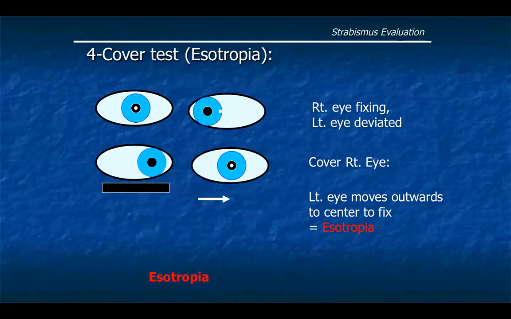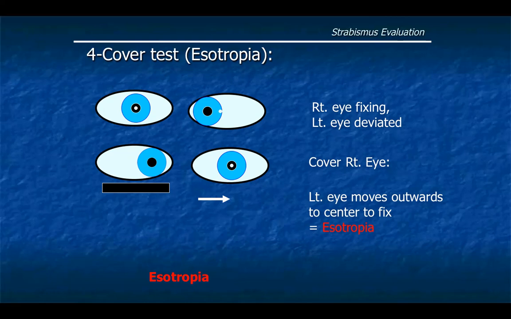Tropia or manifest strabismus. Esotropia, for example, the right eye is fixating, the left eye is deviated inwards, or there is esotropia or manifest convergent strabismus. To make sure we cover the right eye, the left eye moves from nasal to temporal to reach the center to pick up fixation.